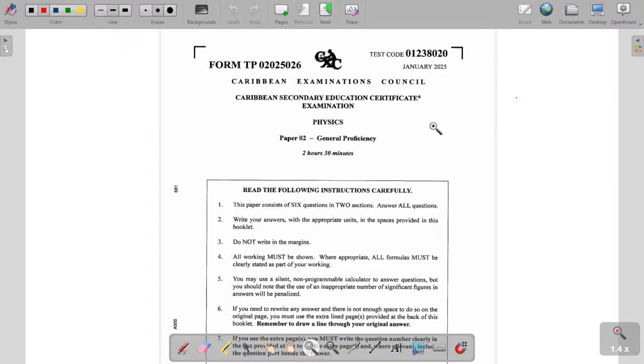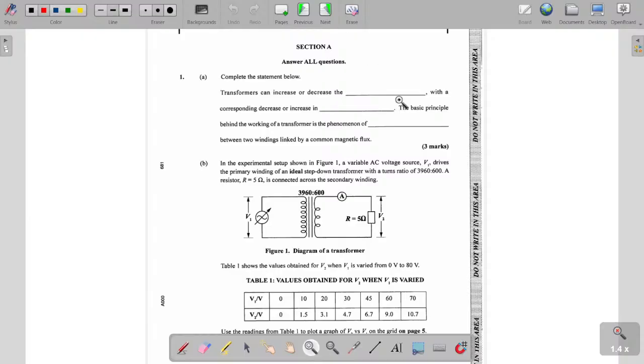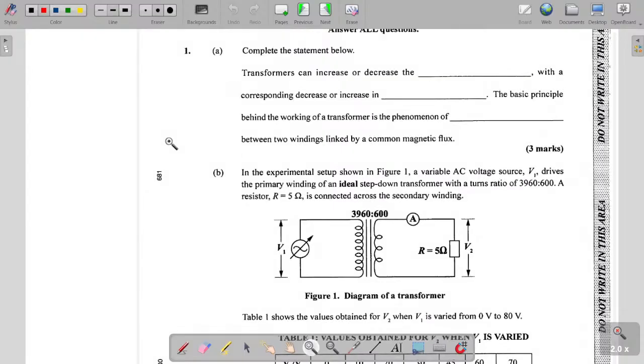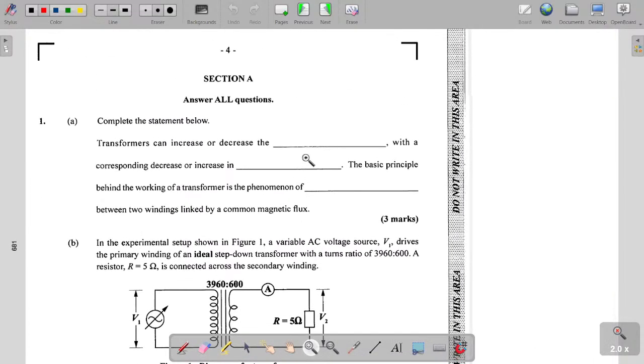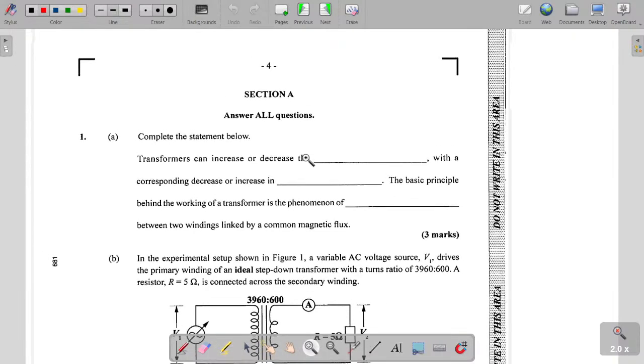Alright, so let's go to the first question. This is our first question that we're going to be attempting, and as you can see, the first question is on the topic of transformers.